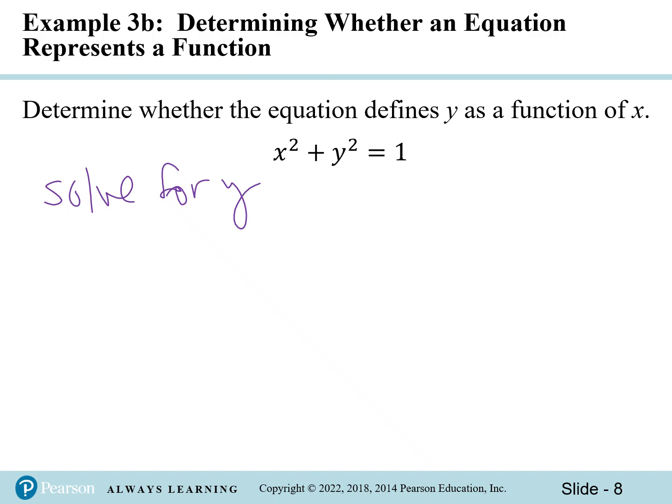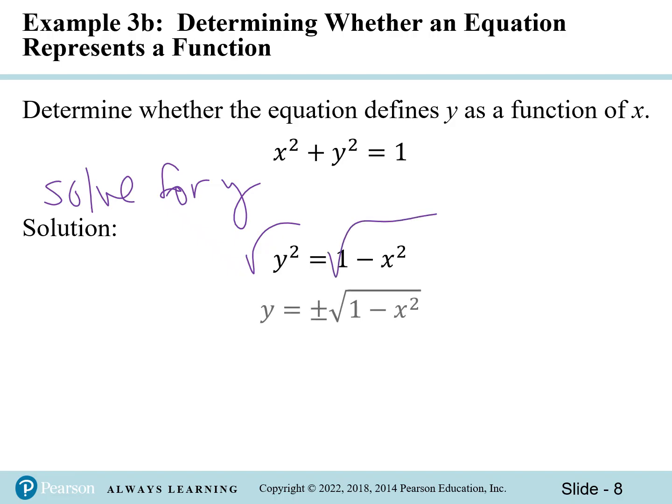You want to get y alone. So I'm going to subtract x squared from both sides. Then I have to use my square root property because it's y squared, so take the square root of both sides. And we have to remember when we take the square root of both sides that we have to use our plus and minus out in front.